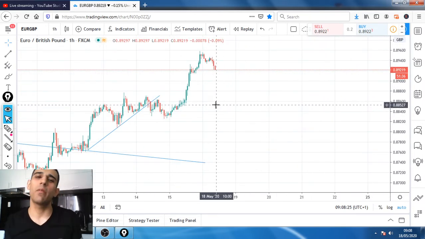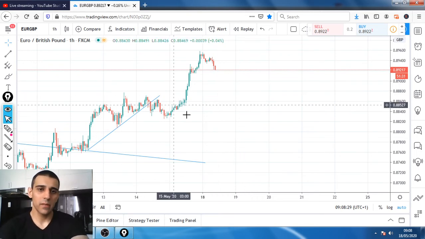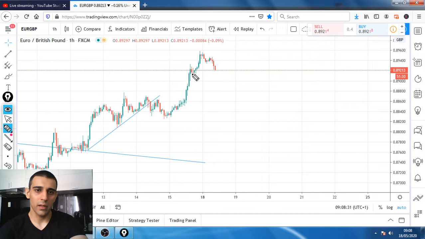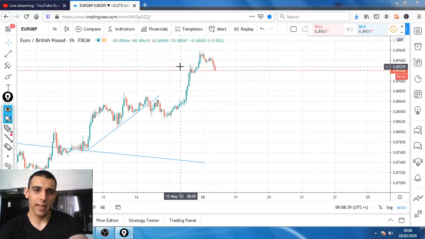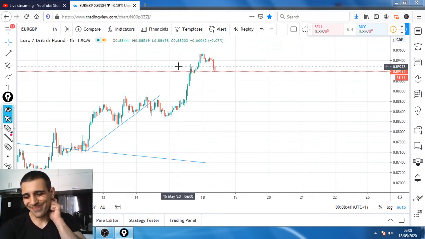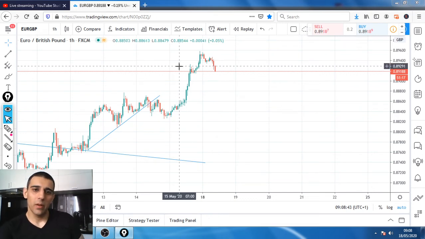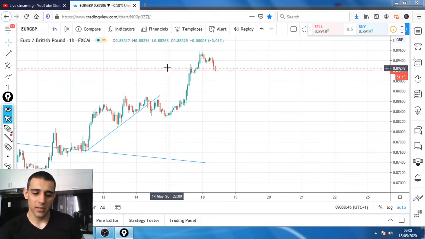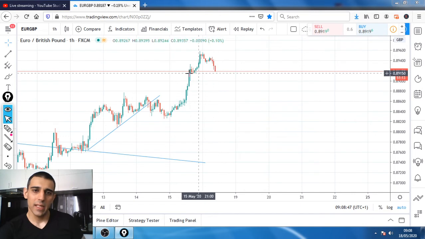We have a very tight range in here. I do see an opportunity if the price comes down around this level with a strong close, then retraces maybe up to this level. But the retracement is going to be not even 10 pips, so I don't like to see that.